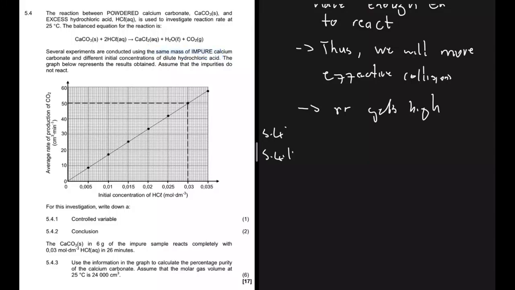So for 5.4.1, we'll have mass of CaCO3, and that's the one option you have. And then the other option you have is the temperature, right? They didn't say anything about the temperature, so you can go ahead and see that.